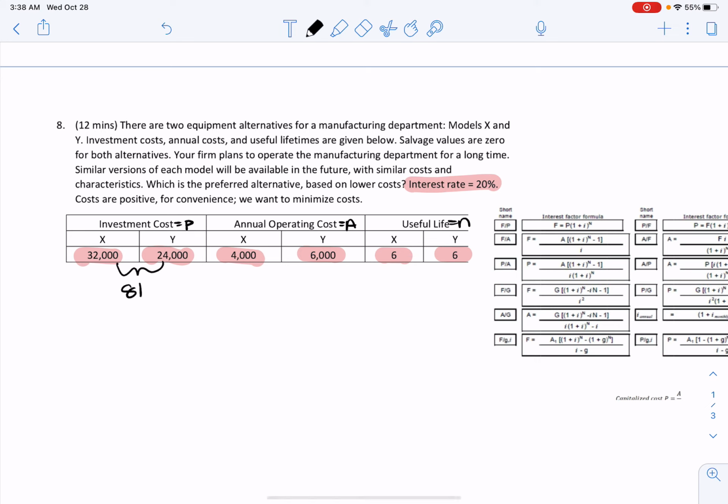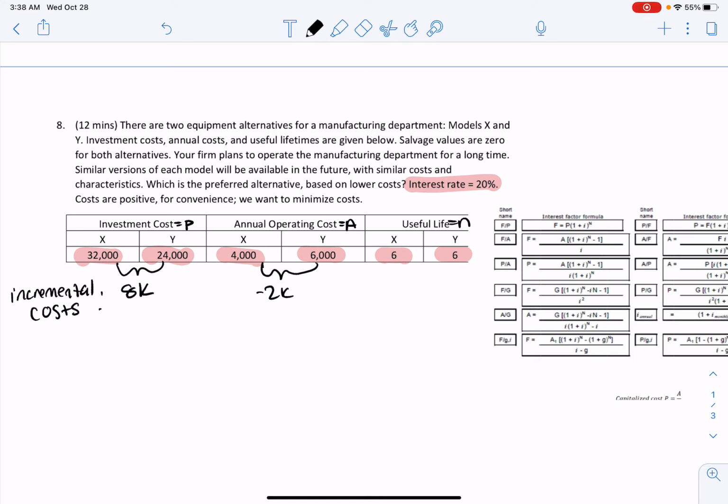You would get 8K here for incremental cost, and for your annual incremental cost, you would just subtract those and get negative 2K. Now, it doesn't exactly prove useful in this problem, but in others it could potentially, and it's just an incremental cost, so it's nice to know.